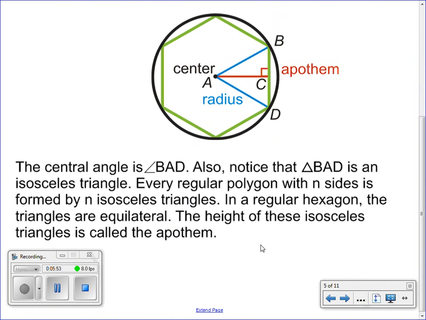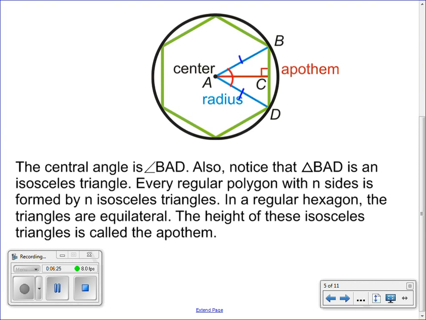All right, so notice that the central angle is BAD. I'm going to take my cursor and point here. BAD, central angle. Also, notice that the triangle BAD is an isosceles triangle. I know that it's an isosceles triangle because my radii are congruent.